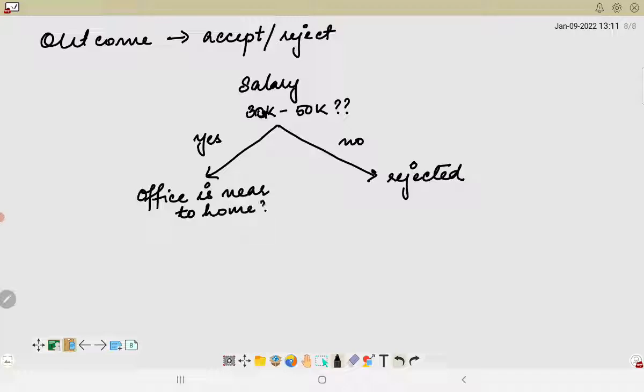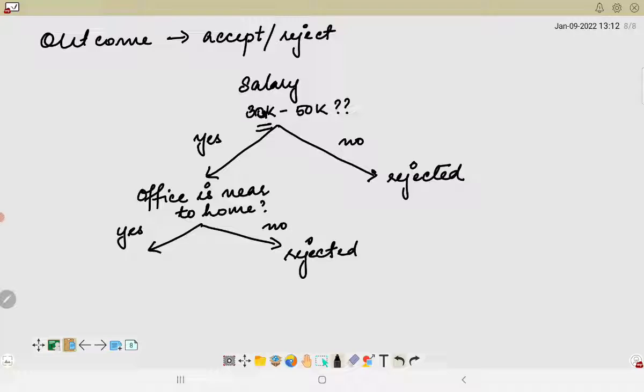So this is another condition which I'm associating, and based on this there will be either a yes or a no. If it is no, I might not be interested in that particular job if it is very far from my home. It is offering me the first best attribute, that the salary is between 30 to 50, but the next best attribute is not satisfying my condition. So hence I will be rejecting the offer again.